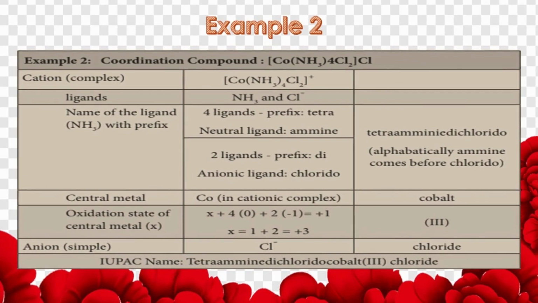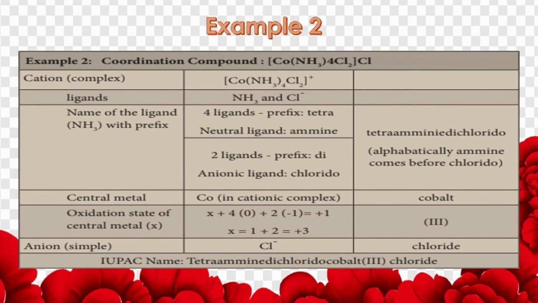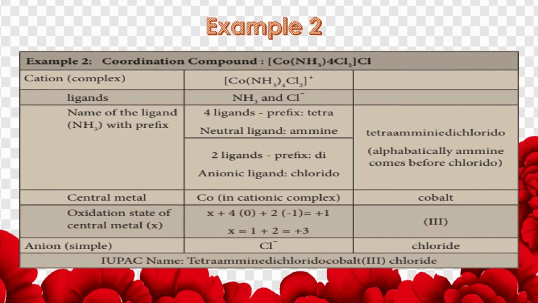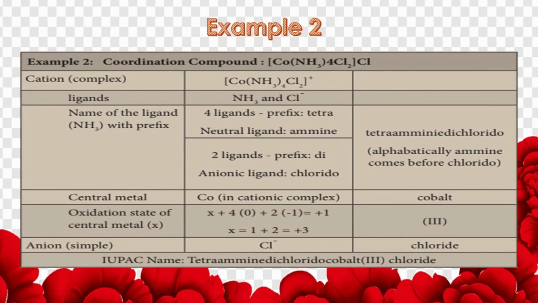Then try to find out the oxidation state of cobalt based on the formula that we know. It will be equal to +3. The anion present here is the Cl- ion. We know the counter ion is named as in an ionic compound, so it will be named chloride.